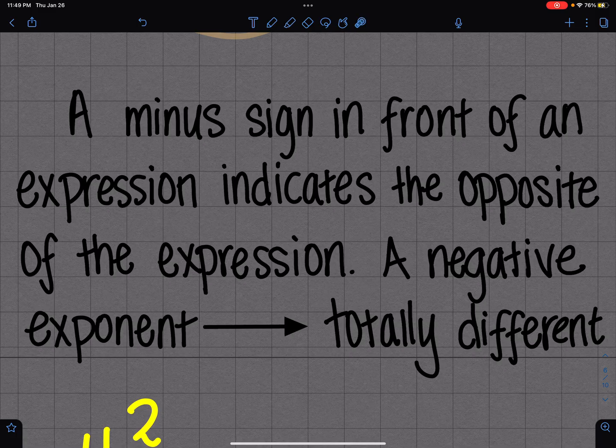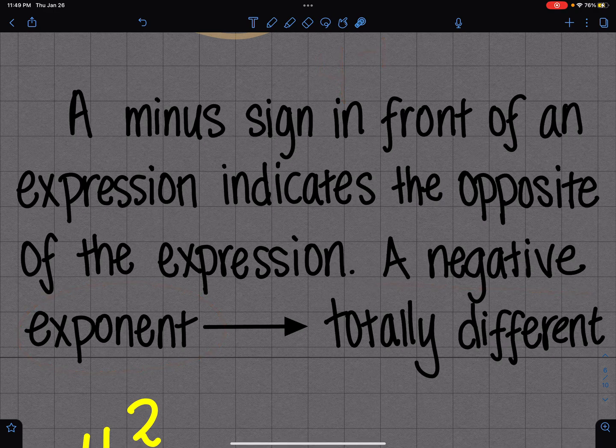Now, remember, when you have a minus sign in front of an expression, kind of like this, minus 4, that means the opposite of the expression. So it's not a 4, it's the opposite of 4, which is negative 4, okay? Now, if you have a negative exponent, like 4 raised to the negative 1, that is a totally different thing.